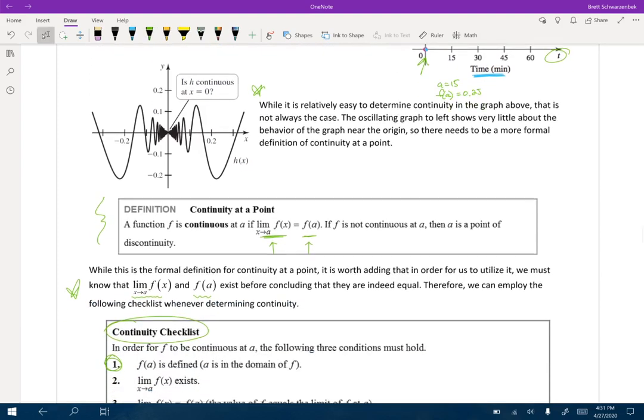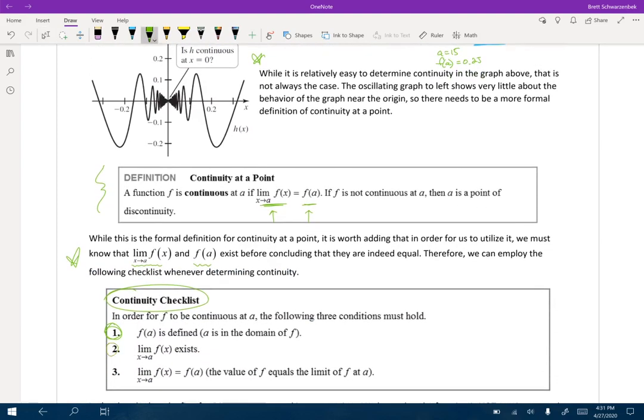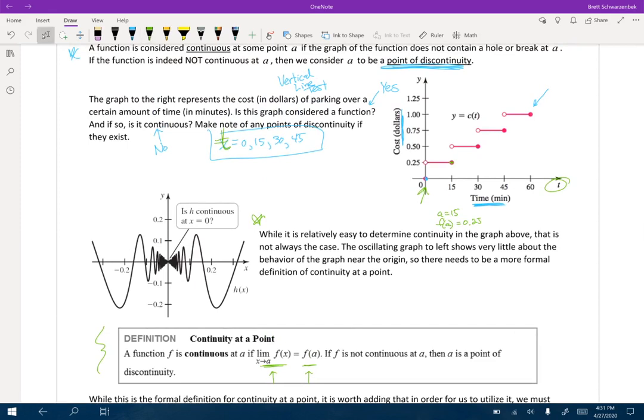But if you go to 2, does the limit exist at a equals 15? As we approach 15 from both sides, does the limit exist? No, it does not. It is approaching a different value. So isn't that what's going to fail in each one of these? Isn't the limit going to approach a different piece from each side?